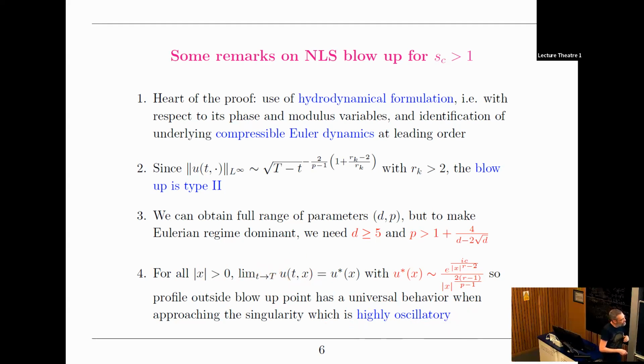What you see is that it converges to a universal profile, u star of x, and the highly oscillatory nature of the blow-up is reflected here. You can see that the closer you get to the origin, the more oscillations you see in the phase. So it's in fact widely oscillating as you approach the origin.